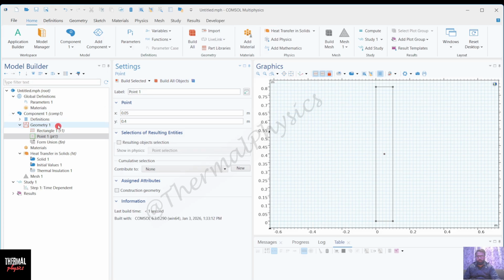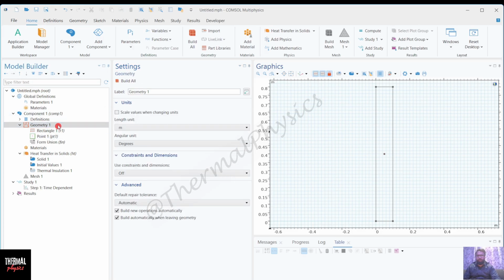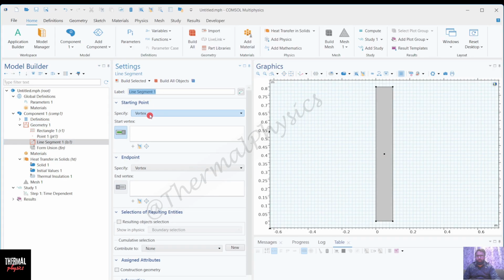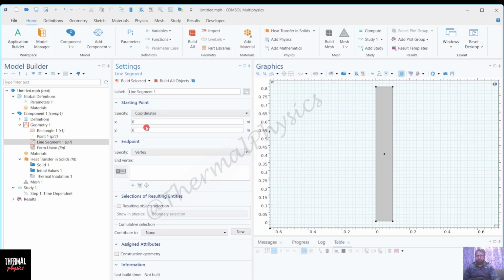Now we also want to create a line segment that we need for the purpose of plotting a graph. We'll go to more primitives, then find line segment, then choose the coordinates. The first coordinate will be on the left side, and the second on the right side.